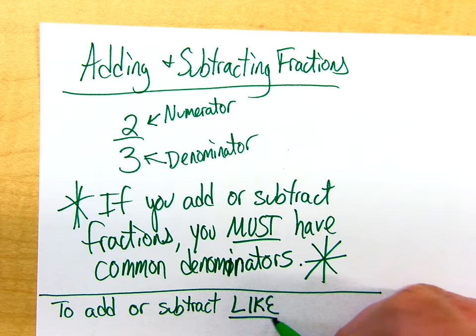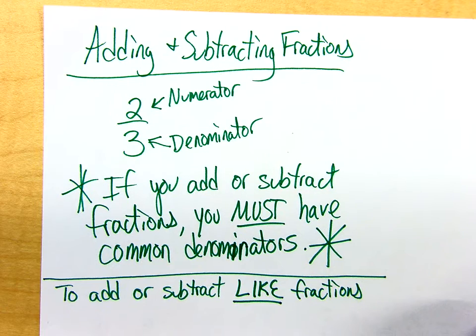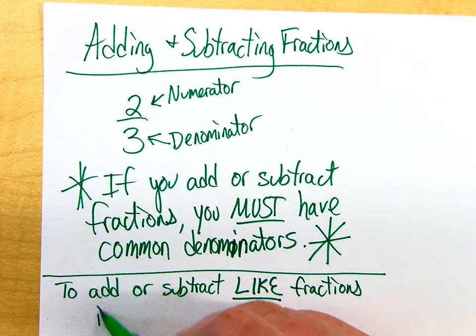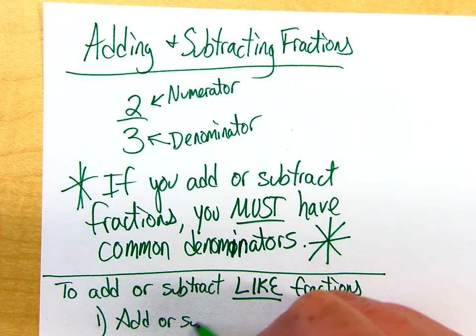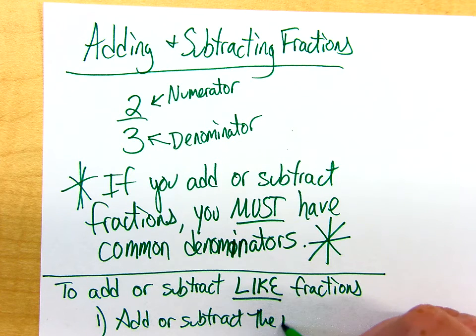If you already have common denominators, we call those like fractions. So if you already have that, like you're going to in the example I'm going to give you in a second, you're just going to add or subtract the numerators.